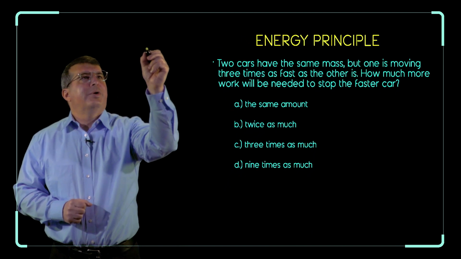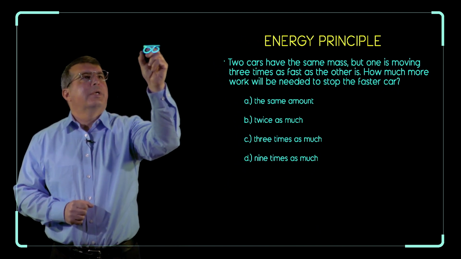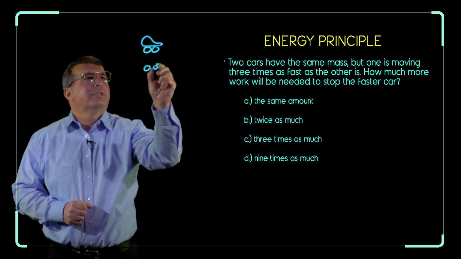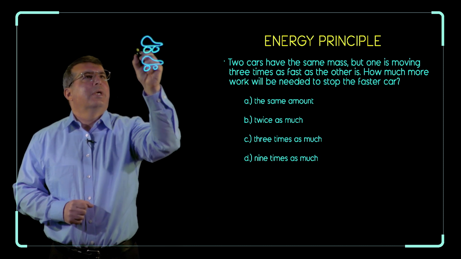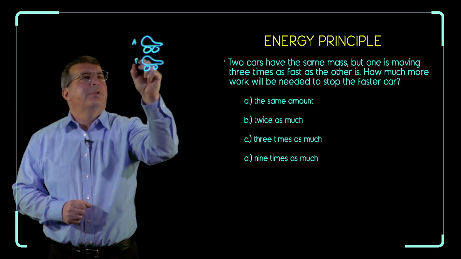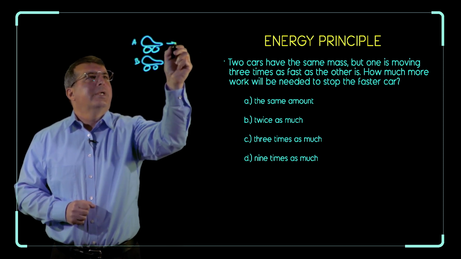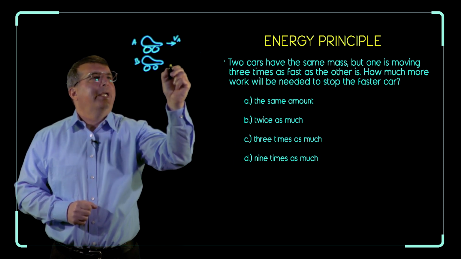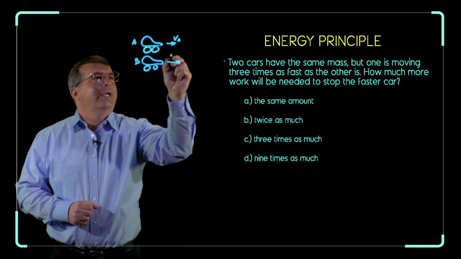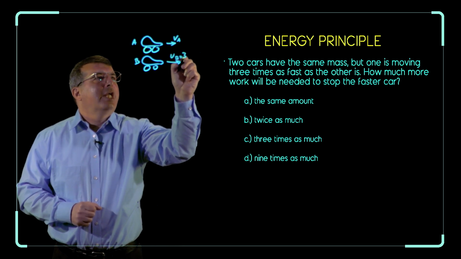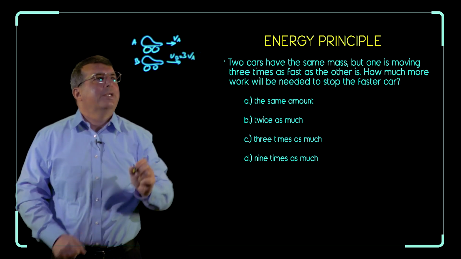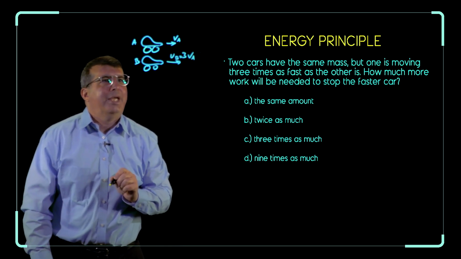Okay, we have two cars. I'll call this one A, and I'll call this one B. And we have VA and VB, where VB is 3 times VA.